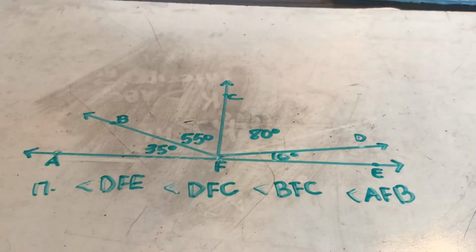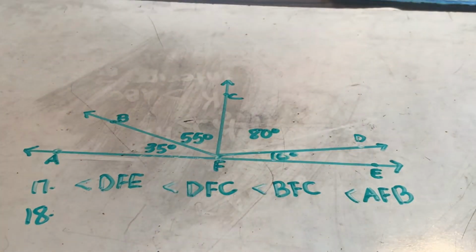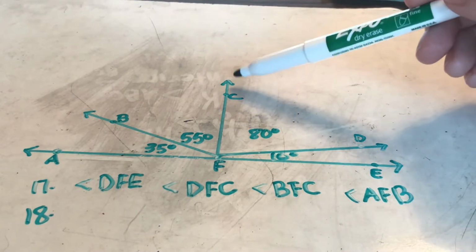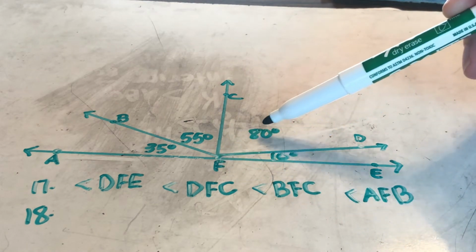If we look at number 18, it says to find 2 right angles. Well, I know a right angle has to equal exactly 90 degrees. It can't be anything but only 90 degrees. I also talked about it forming a perfect L when you look at that angle. So here, I see one right here. I can also verify this.